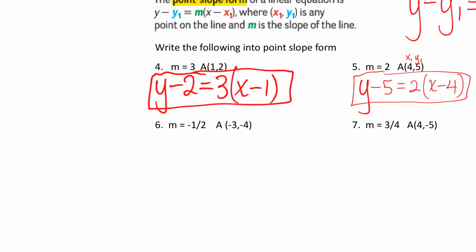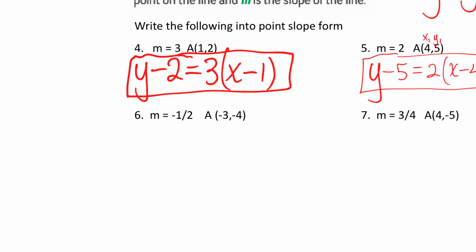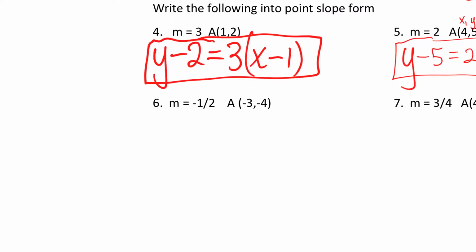Okay, number 6. What's that going to look like? y minus negative 4 equals negative 1/2 times x minus negative 3. Okay, good.